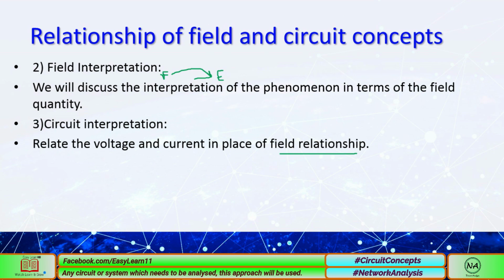We discussed the circuit concepts, and we are going to relate the voltage and current. These are the two basic things that belong to the circuits. Finally, our relationship should be in terms of the voltage and current, so we can relate whatever quantity we are interested in. So this is the final step that we want.